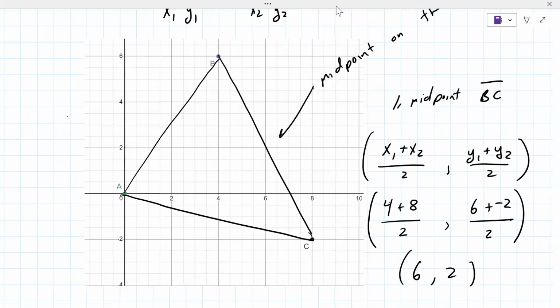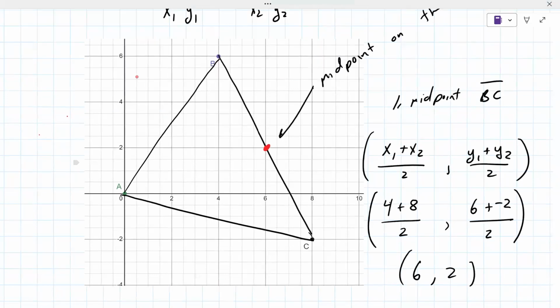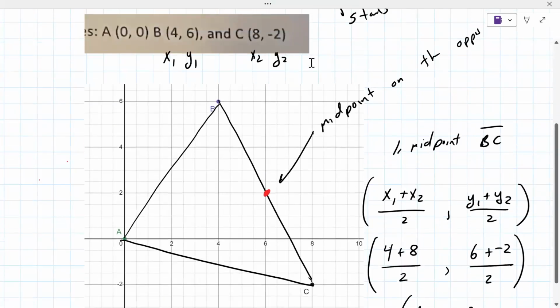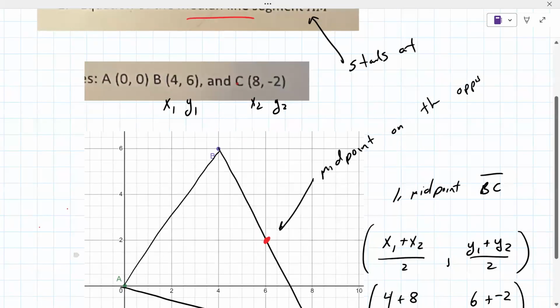All right. Now, if we go to the graph here, 6, 2 is right there. It looks to be about the midpoint. You could kind of eyeball it and say it looks about midpoint, but it's better to use the formula. Okay. So the median line is this line from A to M. It's that line right there.